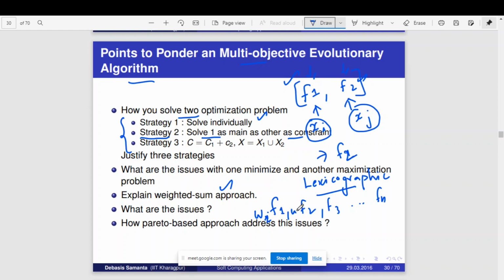So for every function, you have to identify a weight, W1, W2 up to Wn, and then we make a summation of that. So the whole problem boils down to finding the weights. But finding the weights is not an easy task. It is heavily computationally intensive, right?